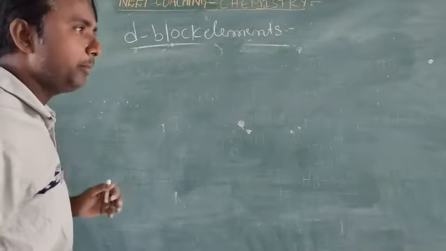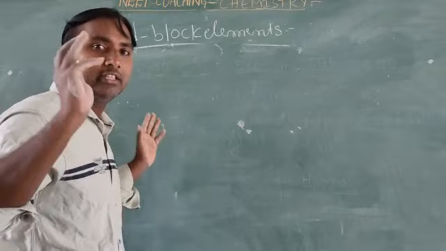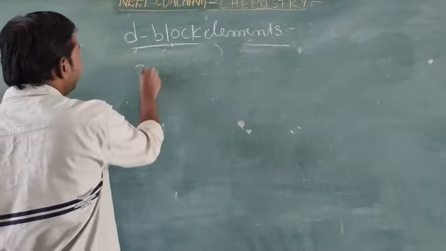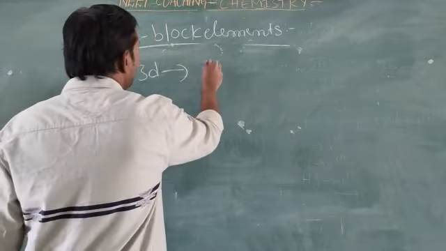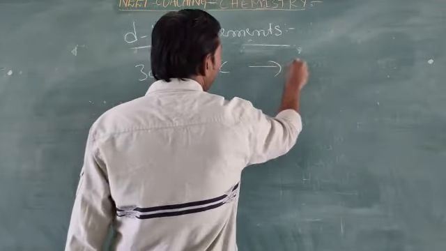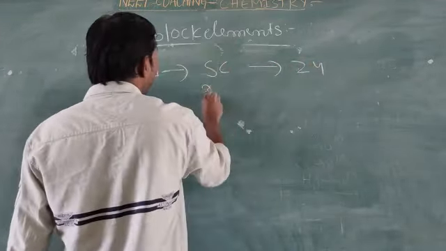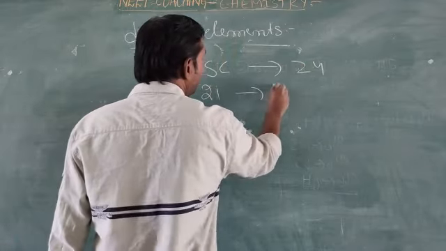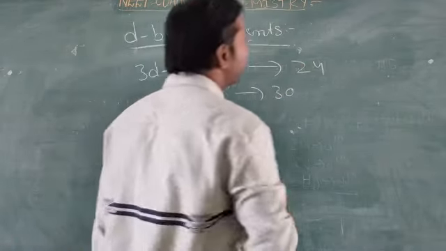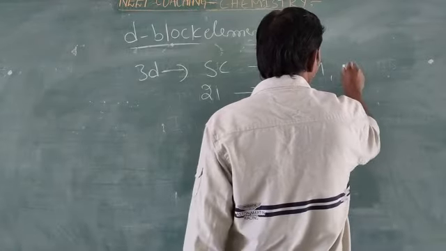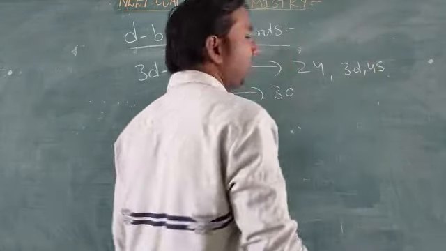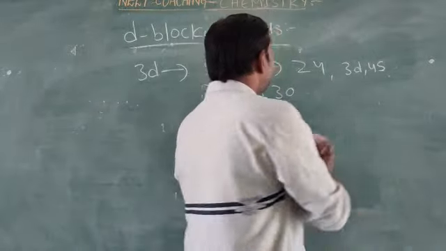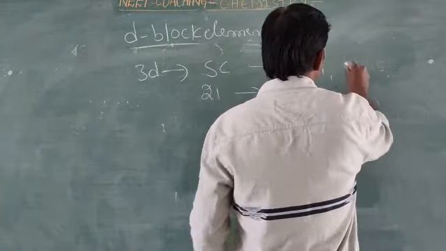Generally, d block elements have 3 series. The 3d series is from scandium to zinc, atomic number 21 to 30. Here the last subshells are 3d, 4s or 4s, 3d; both are correct.